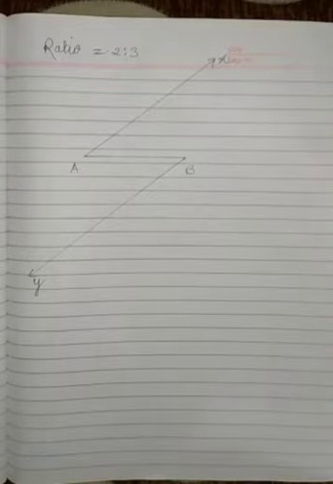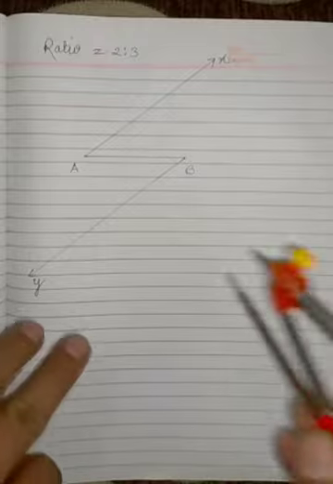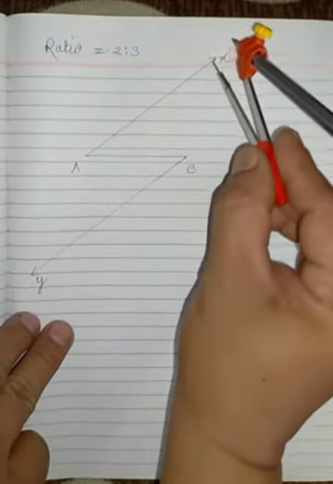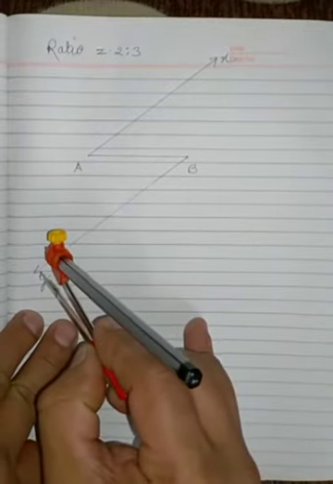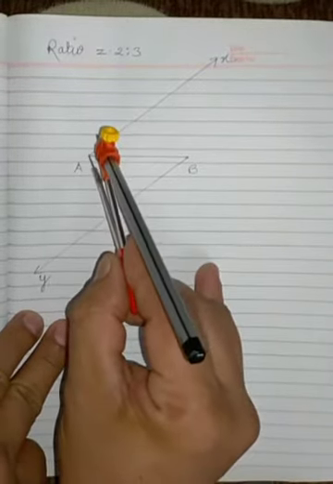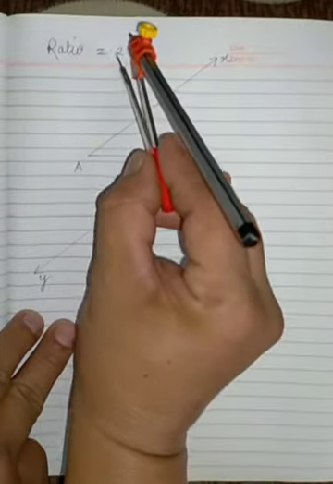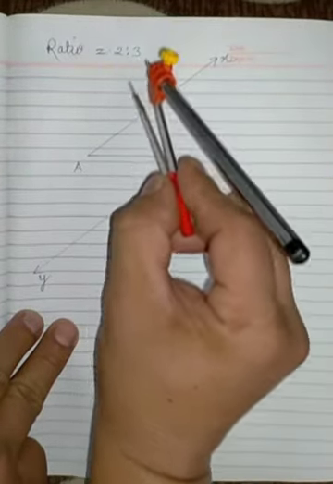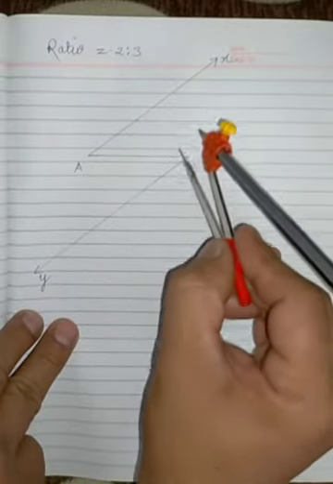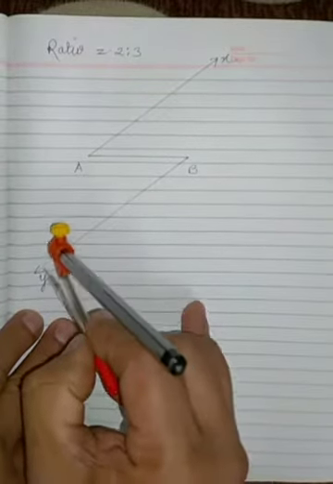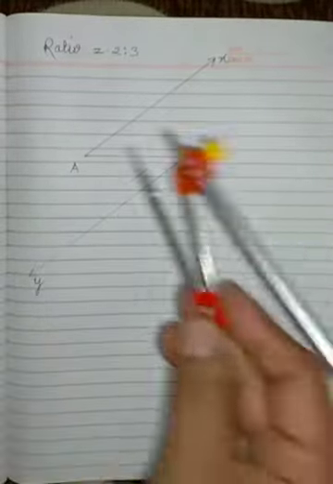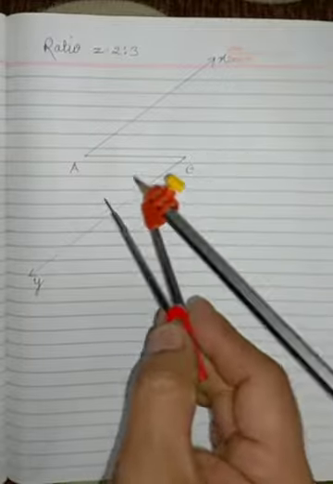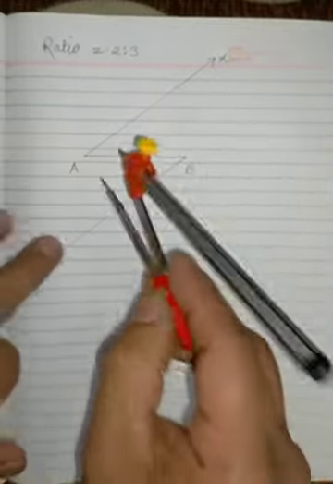In the previous method, we had drawn a total of 5 arcs, 2 plus 3. But here in this method, we will draw 2 arcs on AX and 3 arcs on BY. This is because starting from point A, the part is 2, and towards B, it is 3. So from A, you will draw 2 arcs, and from B, you will draw 3 arcs. For this, you can select any radius, but make sure that all the arcs from A and B are drawn with the same radius.